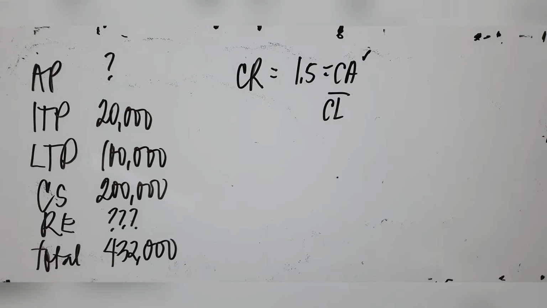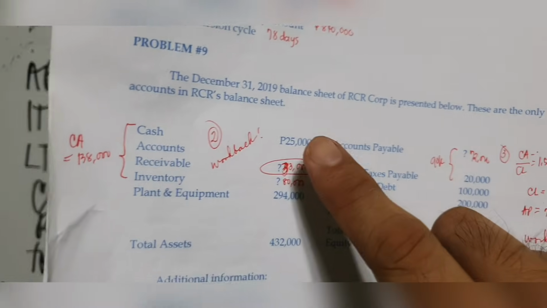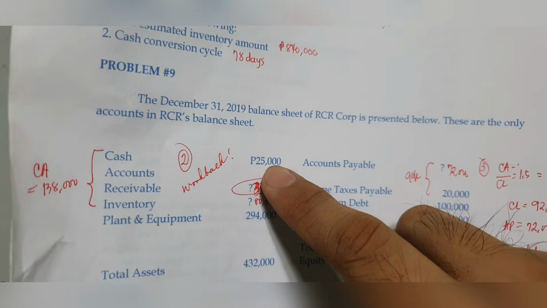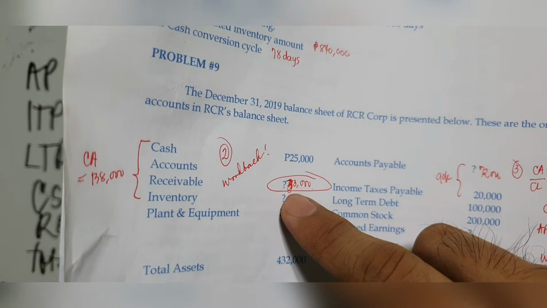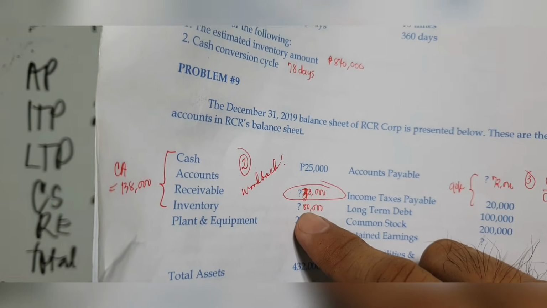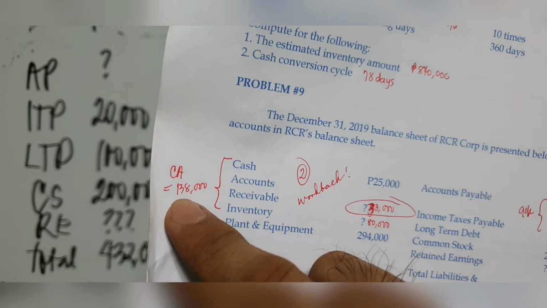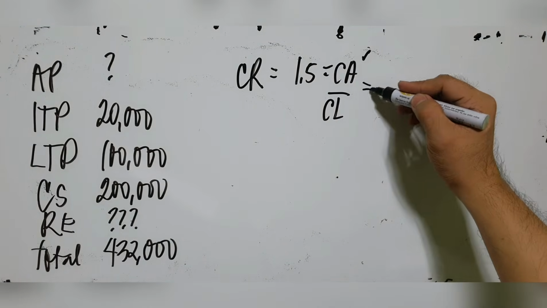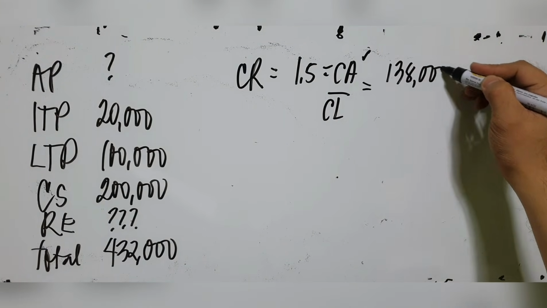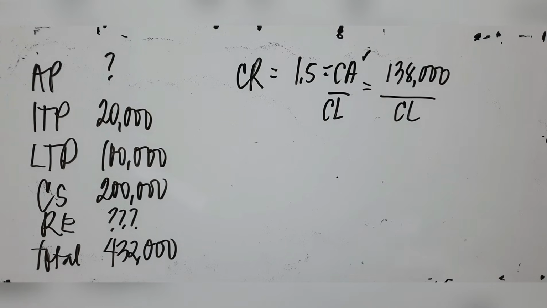Ang CA natin ay yung cash na 25,000. Tapos, accounts receivable na na-solve natin na 33,000. Inventory na 80,000. Kaya ang total na current assets natin ay 138,000.